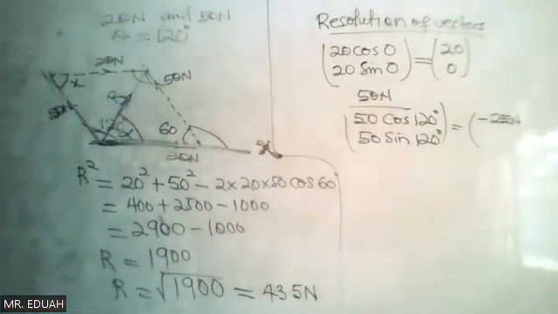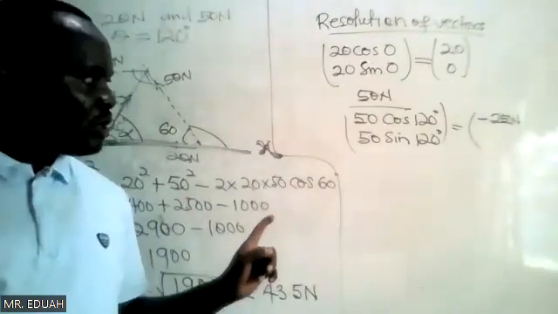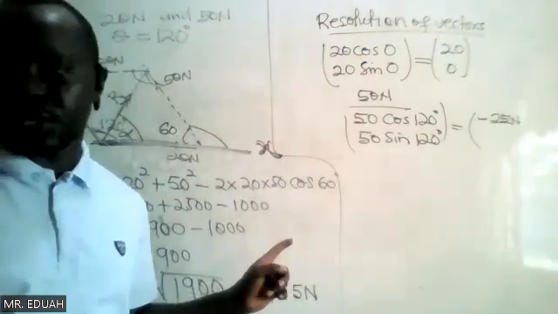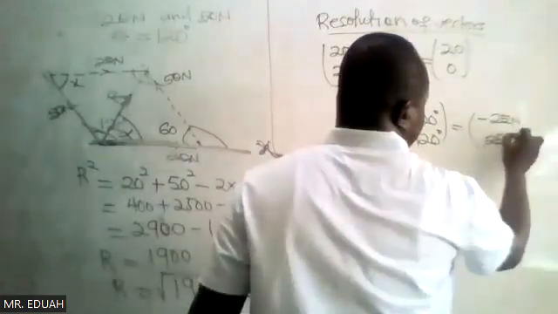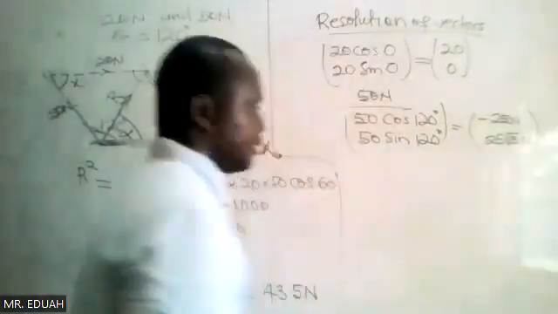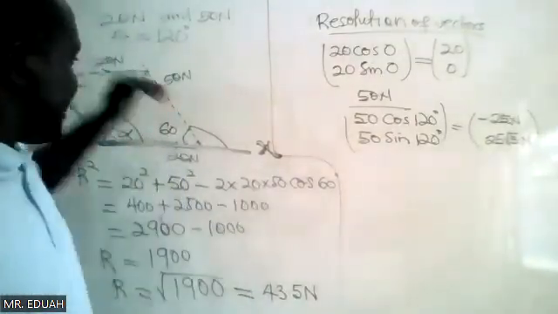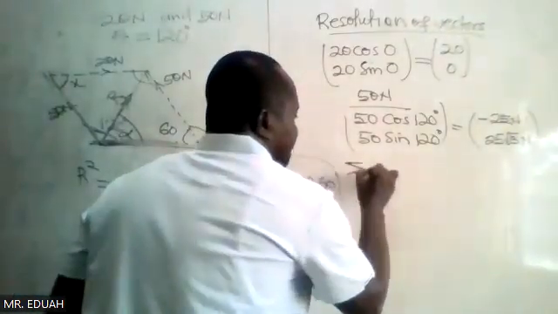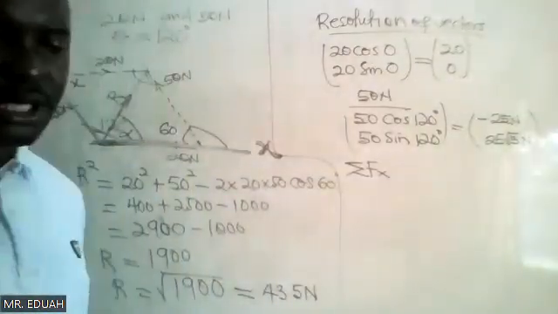Charlotte, are you there? Yes, please. Then sine 120 is equal to sine 60. And sine 60 is root 3 on 2. So this is 25 root of 3 Newton. So we've resolved each and every one into components. Now let's find summation of the x's for each one of the resolved forces.